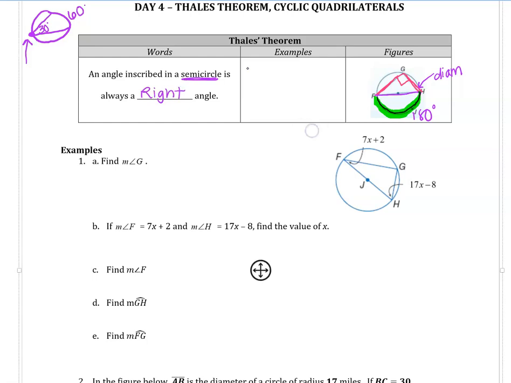For example, the measure of FJH, and again, we're saying measure, not length. Measure is in terms of degrees. The measure of that intercepted arc was 180 degrees, so angle G must be half of 180, which is 90, a right angle.